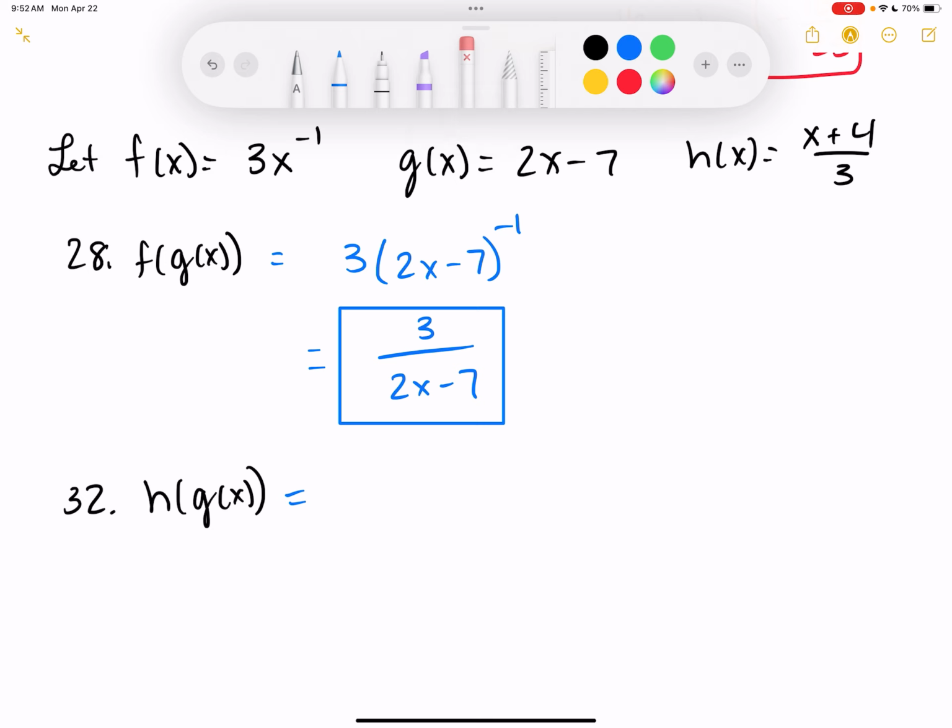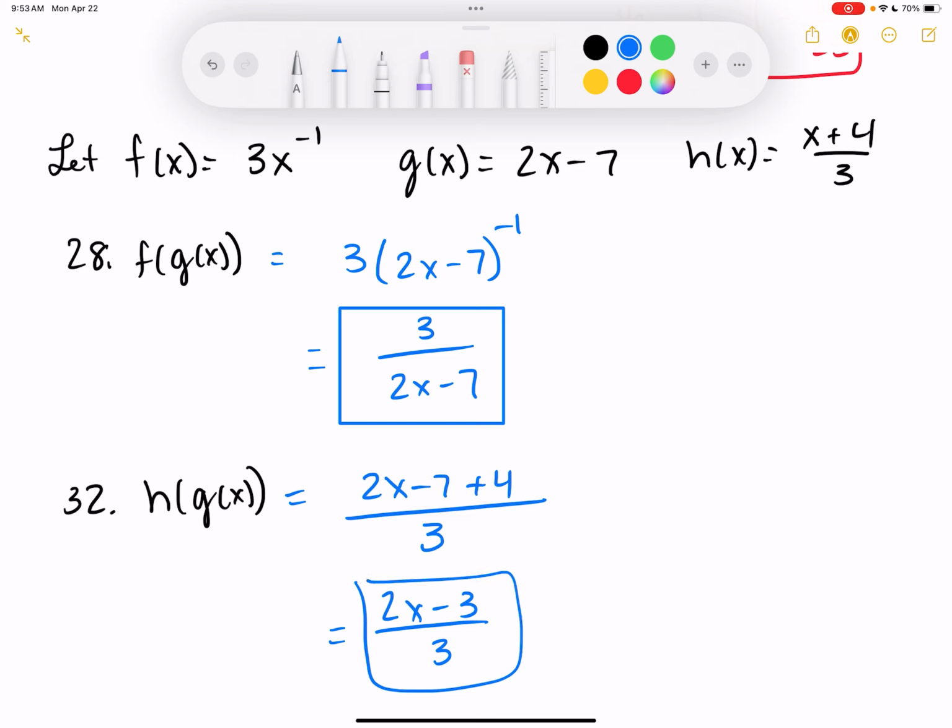So I'm going to have 2x minus 7 plus 4 over 3. Then on the top the negative 7 and the 4 become negative 3. So 2x minus 3 over 3. And people get tempted to cancel those 3's, but we can't because these are being subtracted on the top. So it would just be left like that.